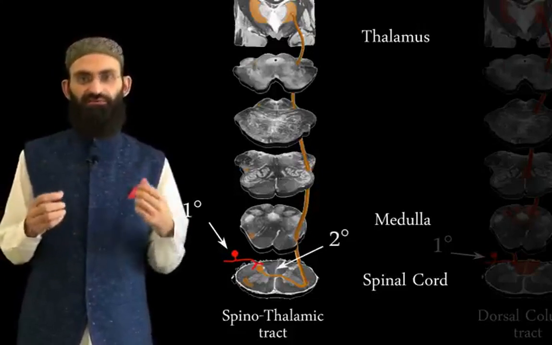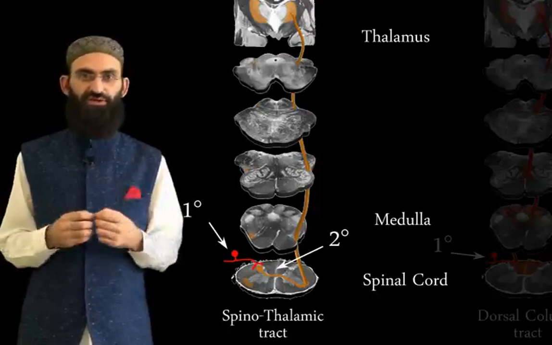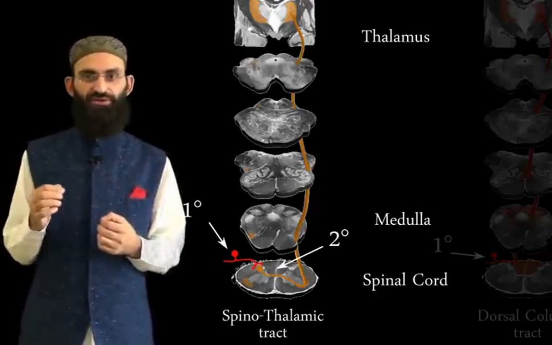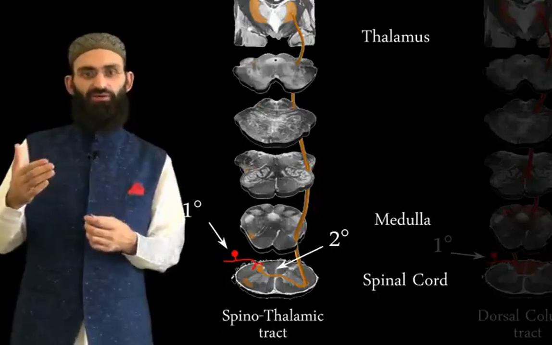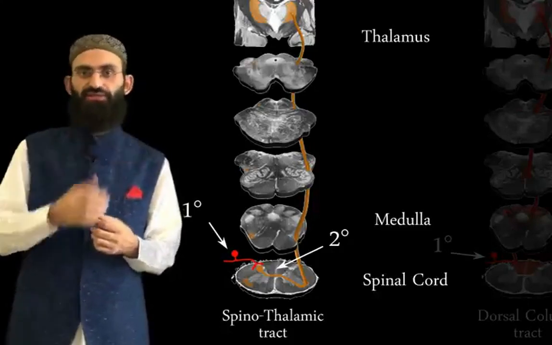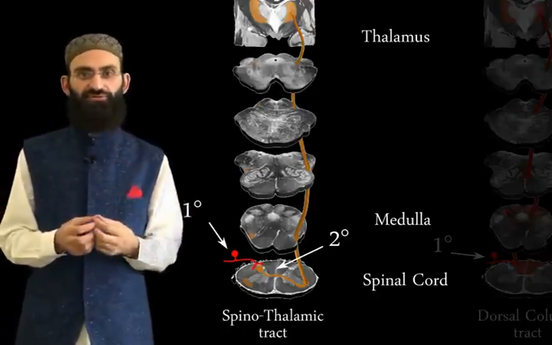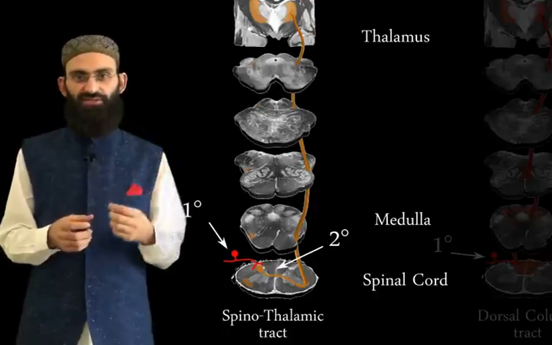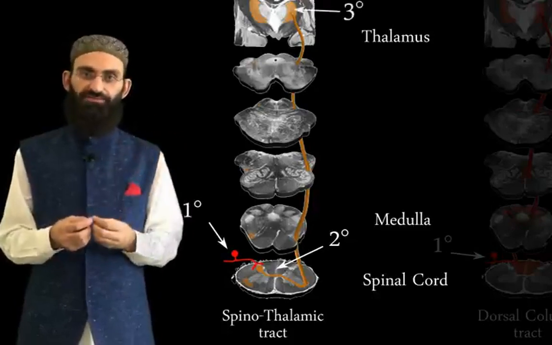So these first order neurons synapse with these second order neurons in the spinal cord, and axons of these second order neurons then ascend a few segments up and then cross the midline to go onto the other side and continue as the lateral spinothalamic tract. And third order neurons of this spinothalamic tract are located in the thalamus.